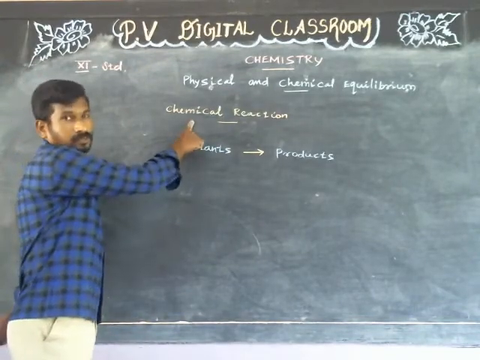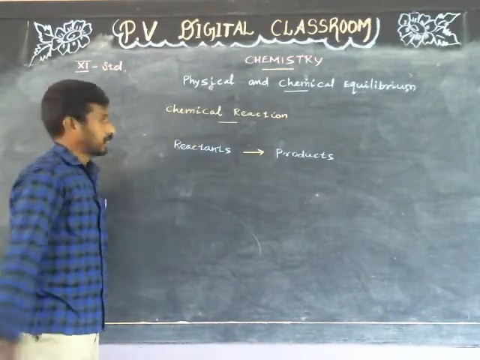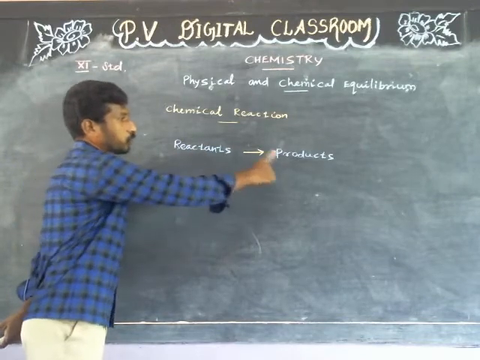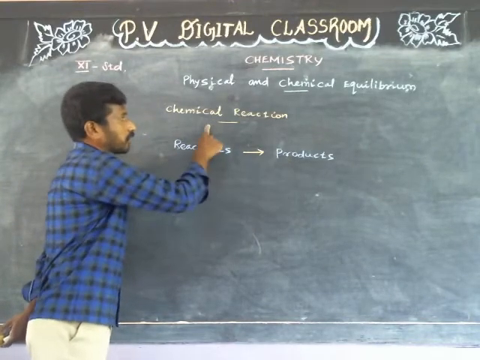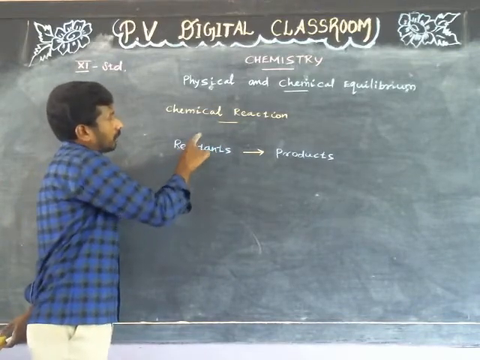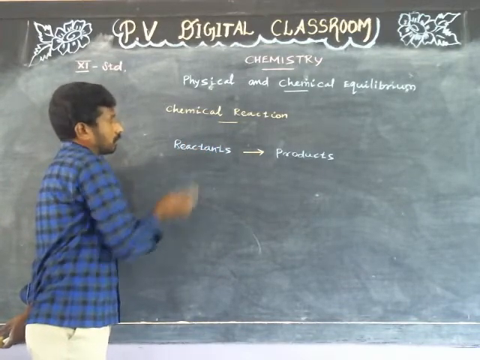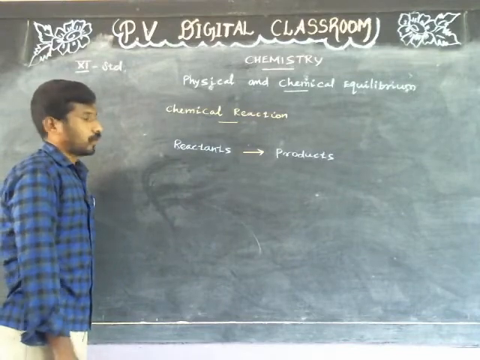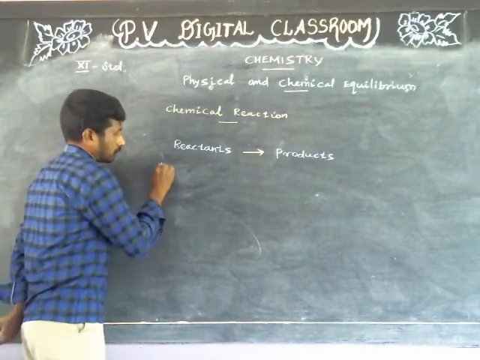Chemical reaction: the process in which reactants are converted into products is called a chemical reaction. Example, neutralization reaction.